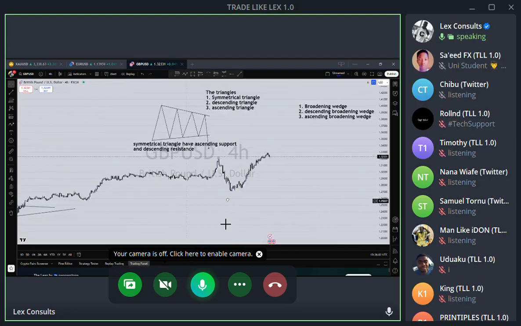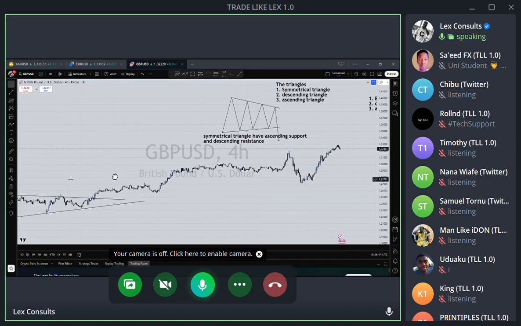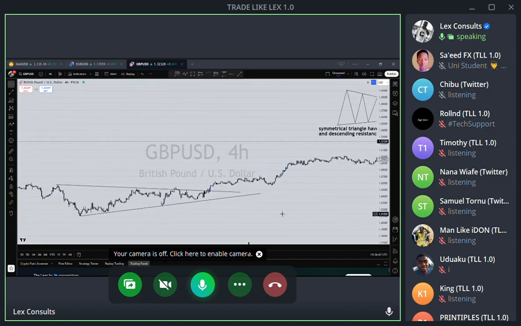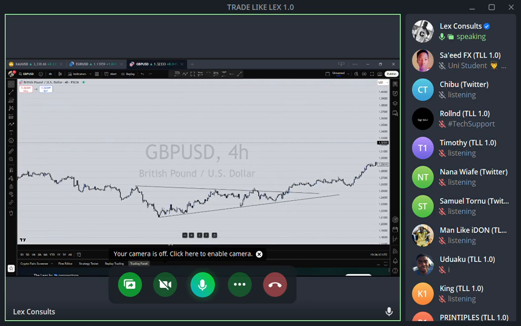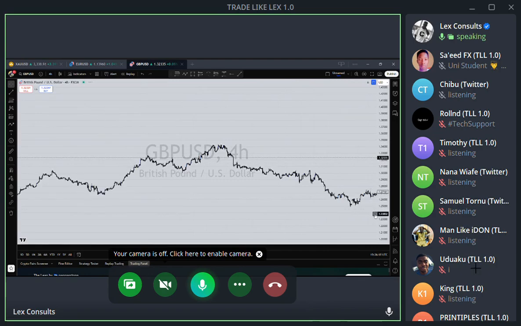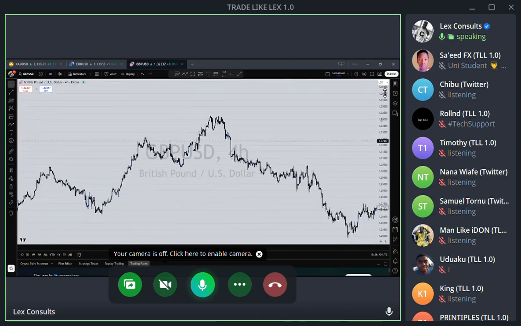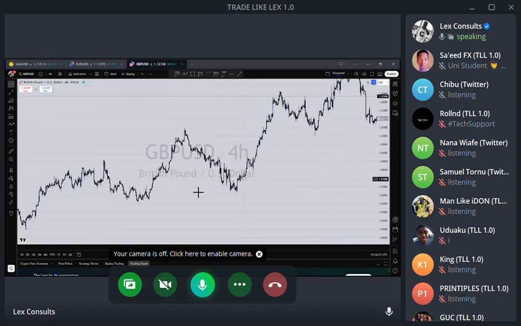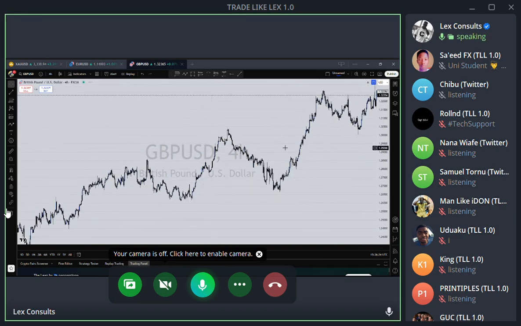So this is our symmetrical triangle. As you can see, we have descending resistance, which broke out here, and ascending support. Alright, so let's check for a clearer one. This GU, okay.